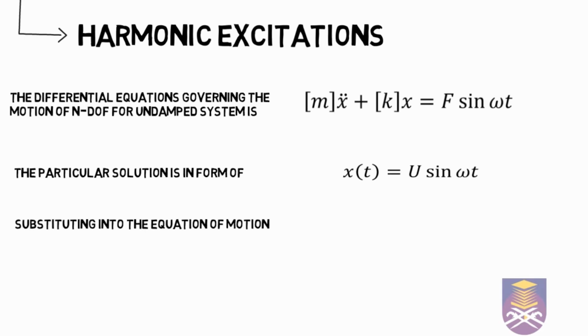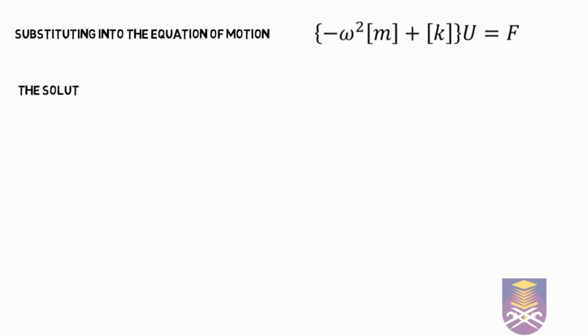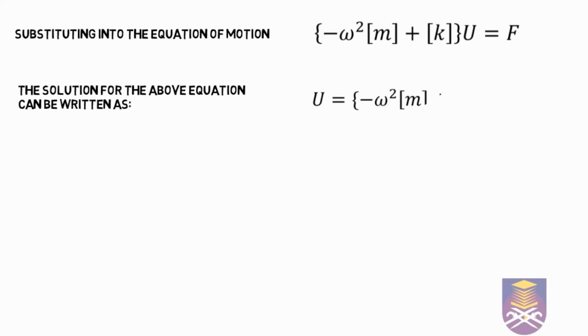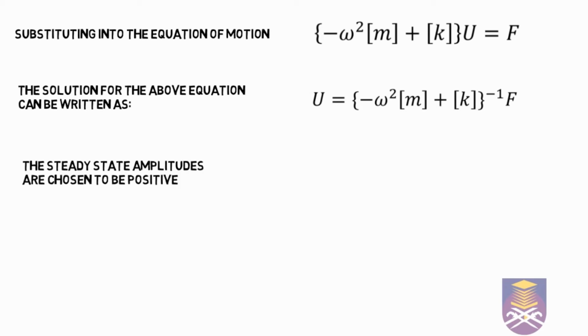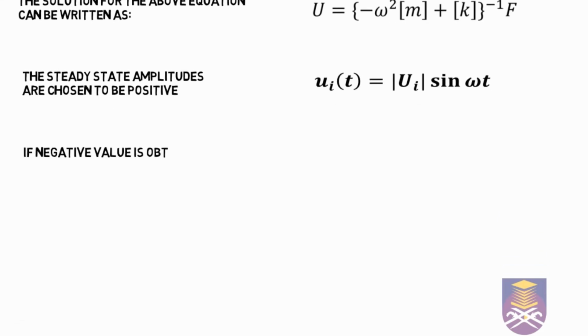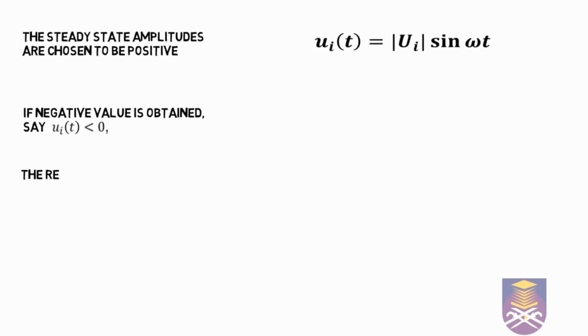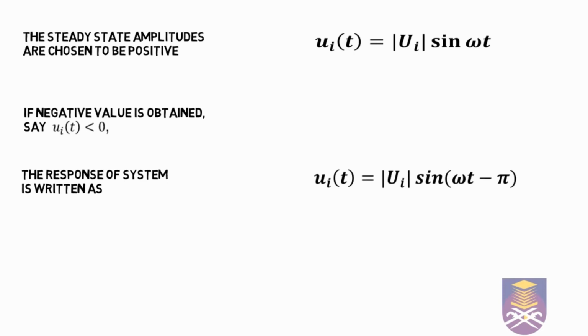Substitute into the equation of motion: (negative omega square M plus K) U equal to F. The solution for the above equation can be written as follows. The steady state amplitudes are chosen to be positive. If a negative value is obtained, say U(t) is less than 0, the response of the system is written as follows.